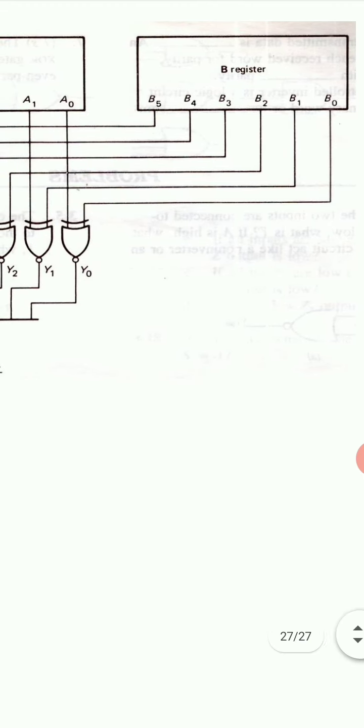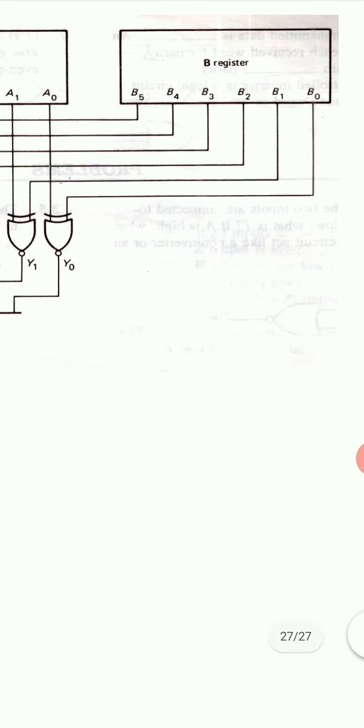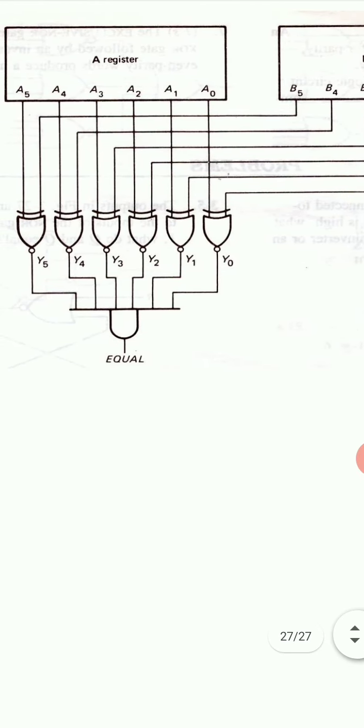Similarly, the bits A1 and B1 are inputs of this second exclusive NOR gate, output of which is Y1, and so on. And output of all these exclusive NOR gates are input of this AND gate, which produces output which is termed as equal. So what will be the output of this AND gate which is termed as equal?